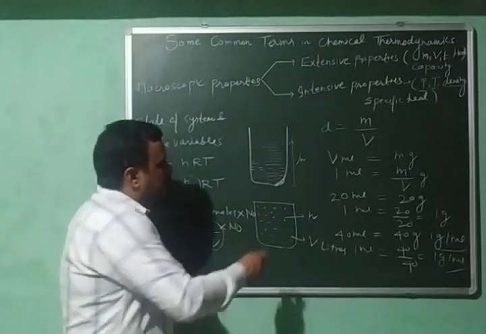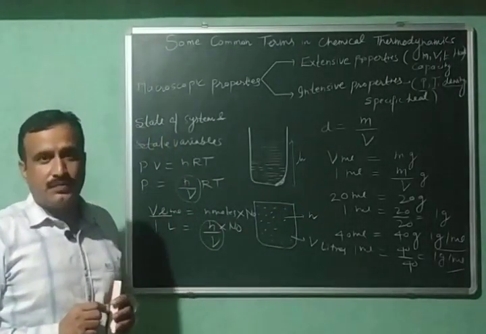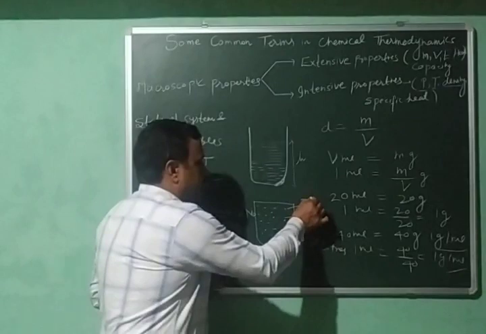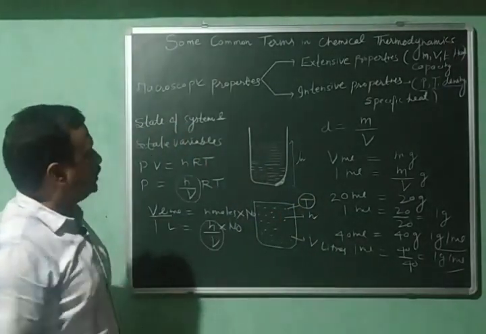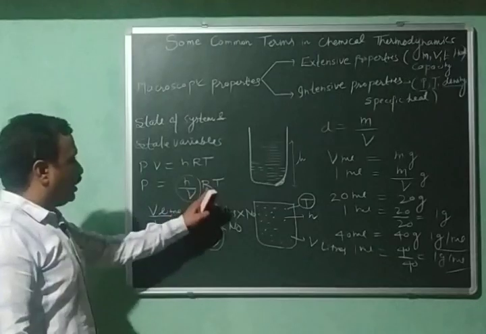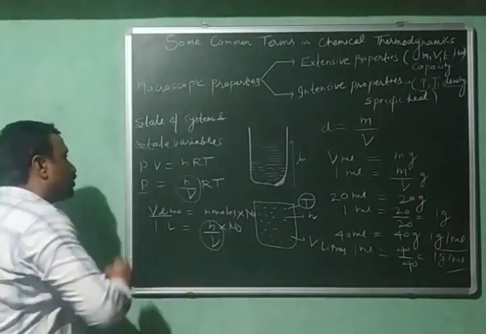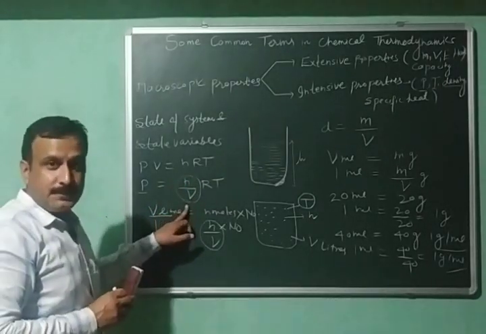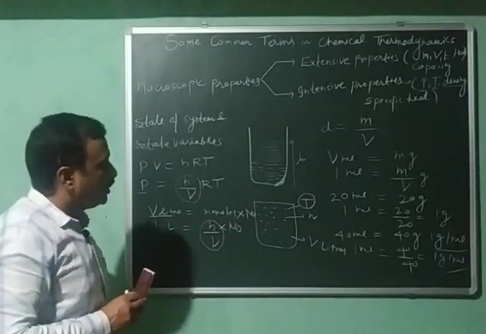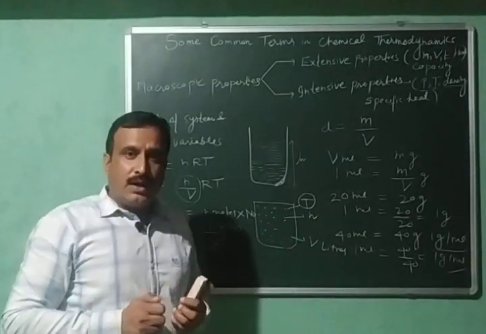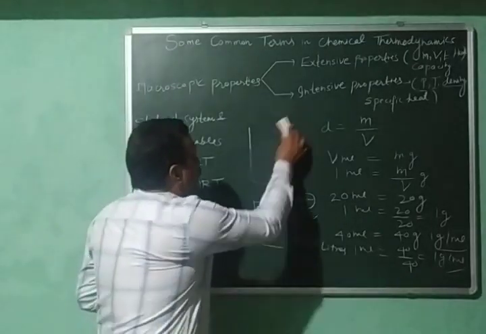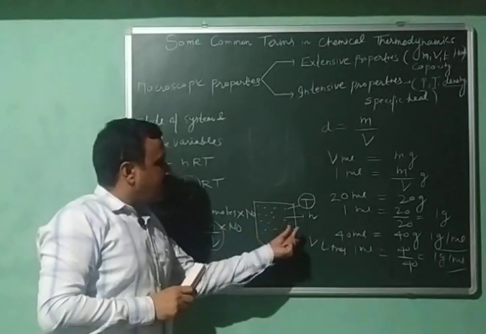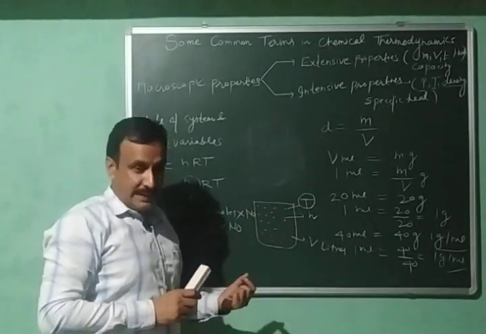Okay, now if the temperature of this gas is held constant at T, and R is constant, then the pressure of the gas will depend upon this term n upon V, that is molar density, number of moles per liter. Now what I have done is increase the amount of gas. Initially I was having n moles of gas in these V liters.